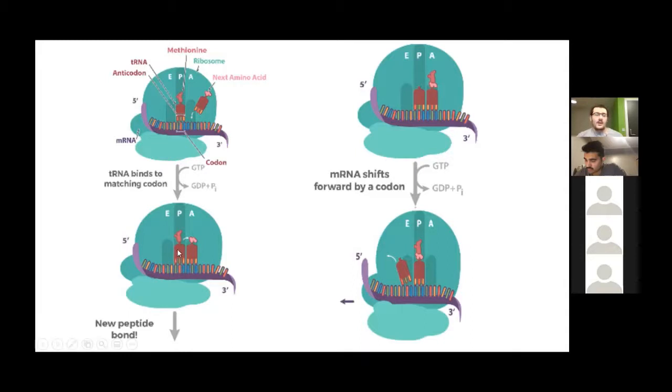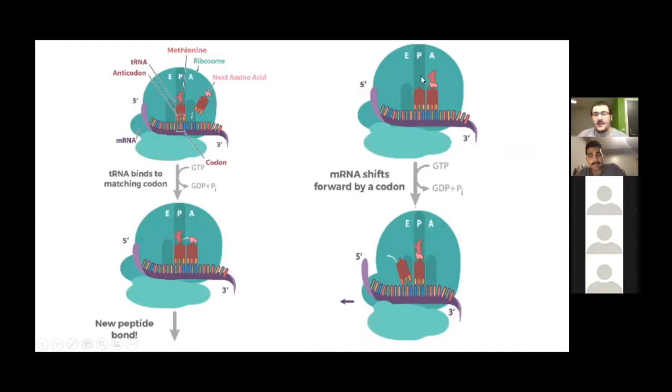Then a peptide bond occurs between the amino acid at the A site and the amino acid at the P site. Let's assume this is a growing peptide chain, not just one protein, but one protein for simplicity. So this amino acid right here in the A site connects to the growing peptide chain at the P site.